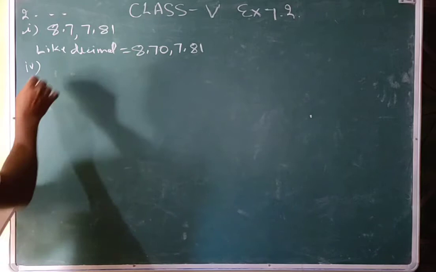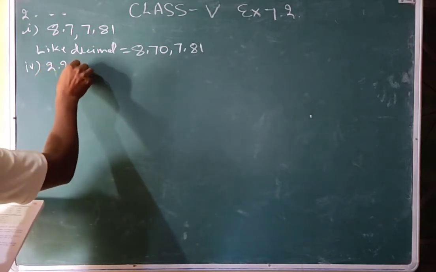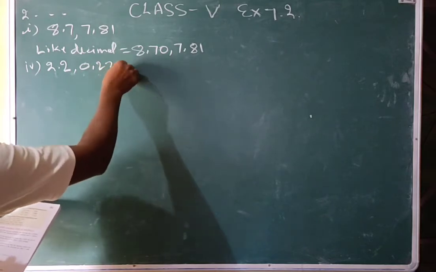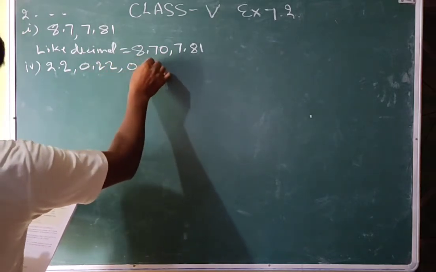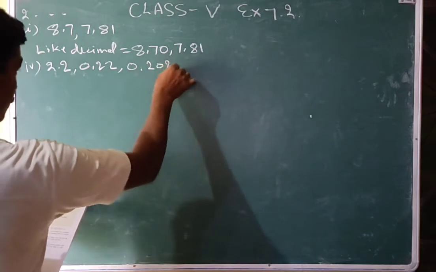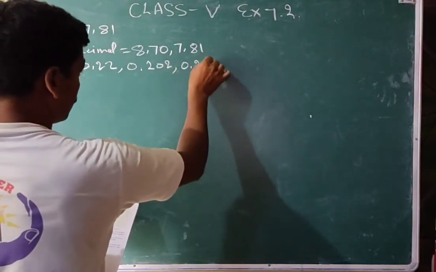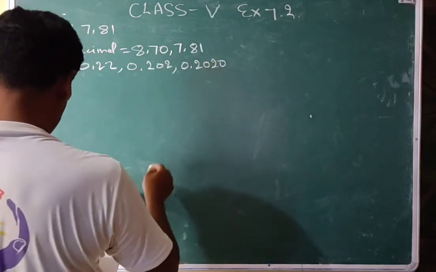In the other part you can do 2 decimal 2, comma 0 decimal 22, comma 0 decimal 202, comma 0 decimal 2020.